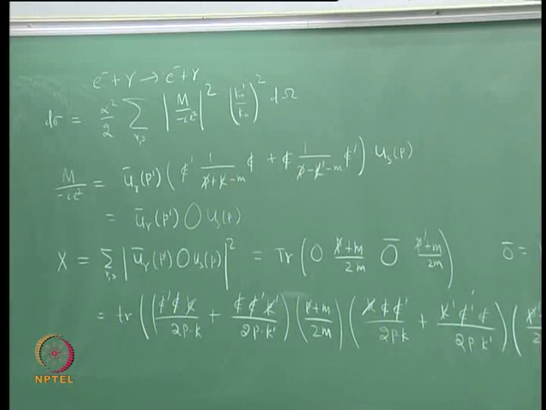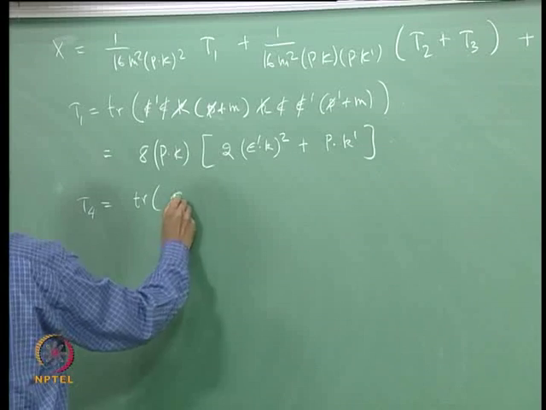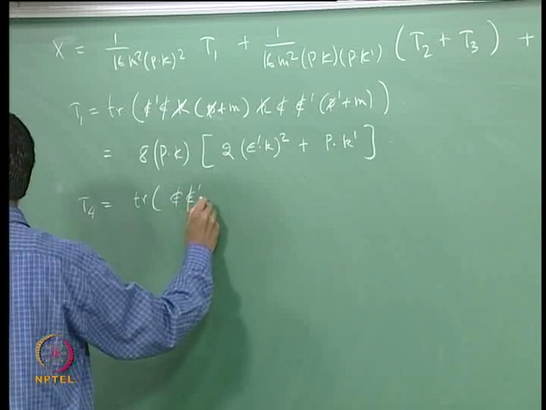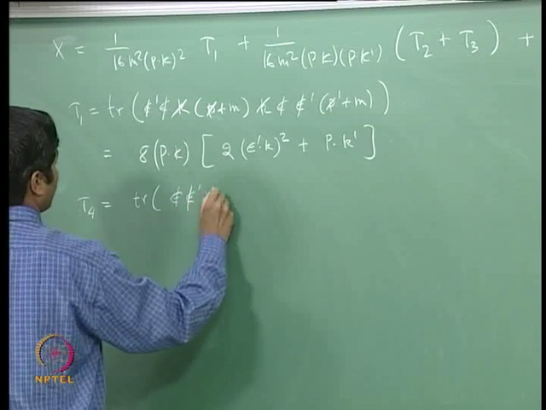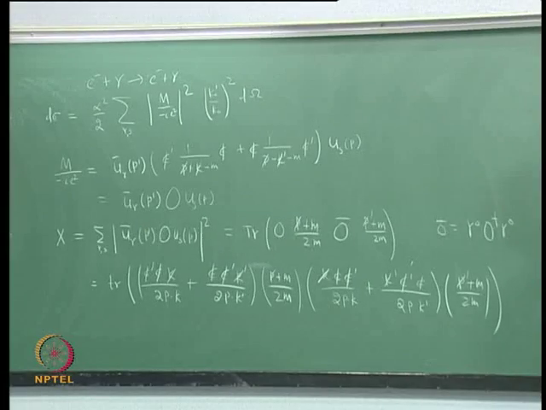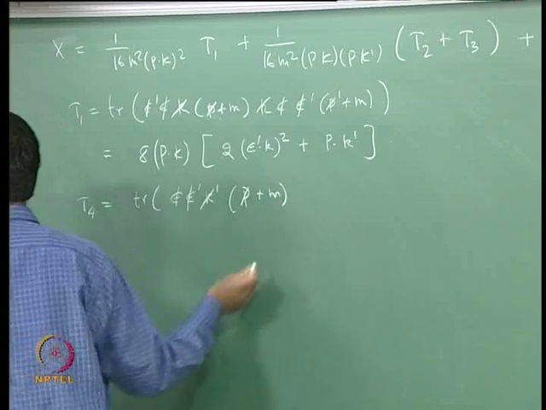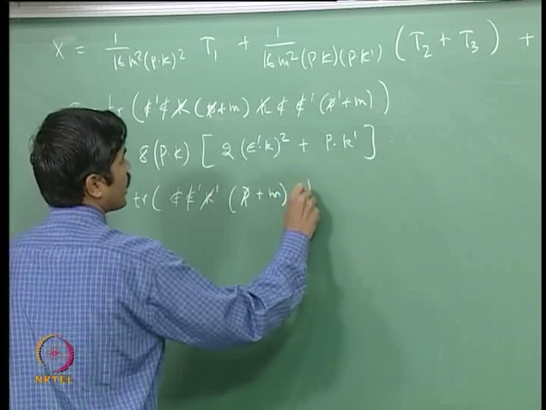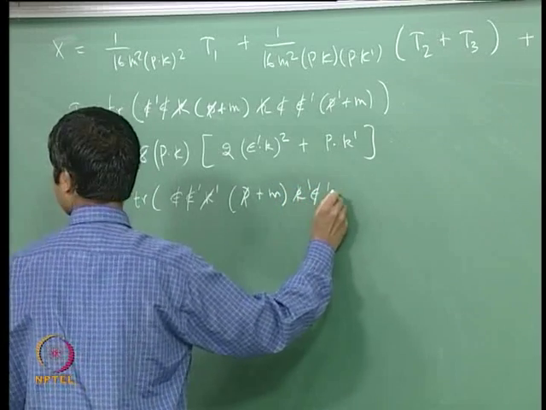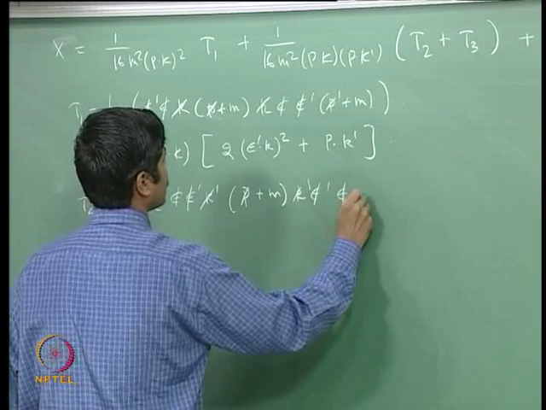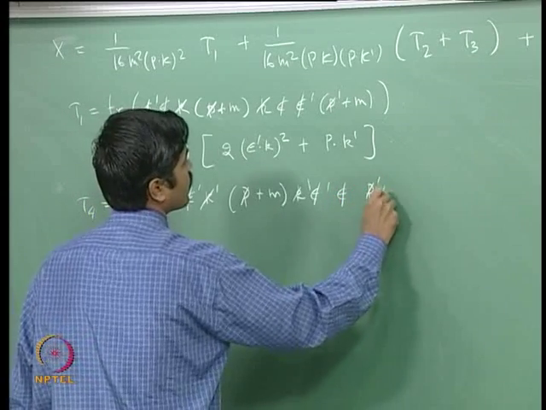So, ε slash ε' slash k' slash, then (p slash plus m), then k' slash ε' slash ε slash (p' slash plus m).